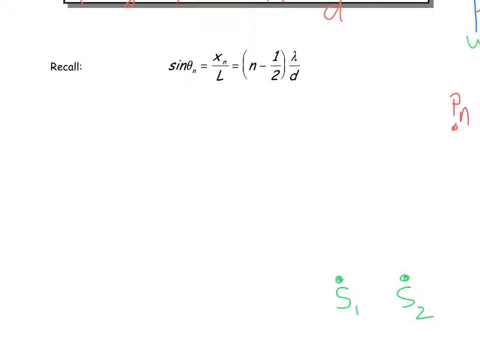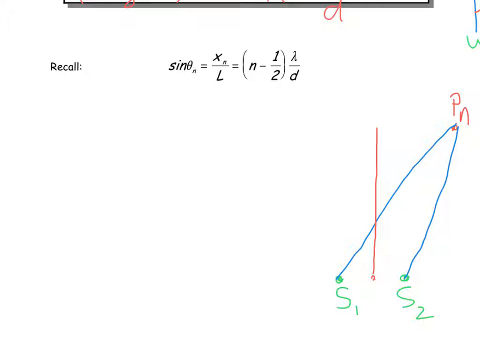If I join my point sources, in other words the slits, to that point, I can also look at the midpoint between those 2 point sources, my perpendicular bisector here. Well, L would be the distance from my point source to that point on the line.